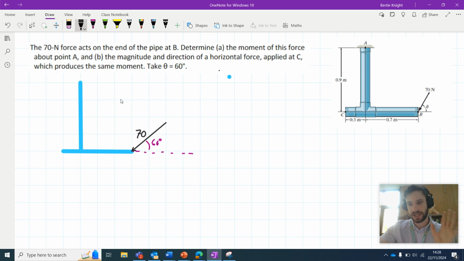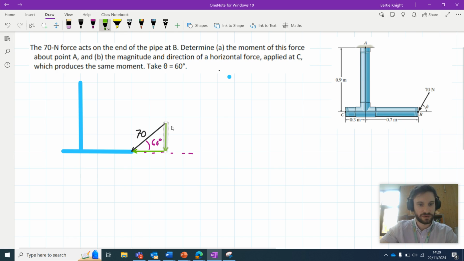As may have been described in previous video tutorials, we can understand forces as a sum of composite components, typically horizontal and vertical. So let's add these components to our diagram. Let's say this is our horizontal component of our 70 Newton force, and this is our vertical component.